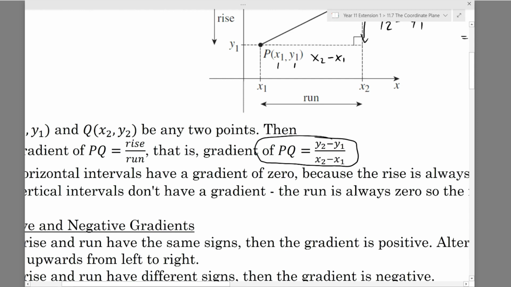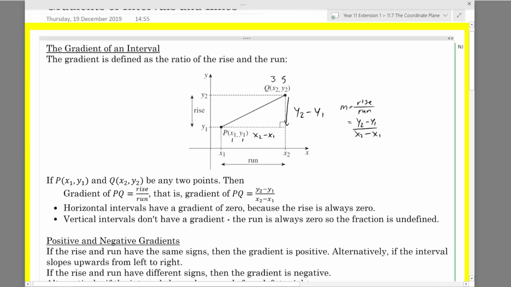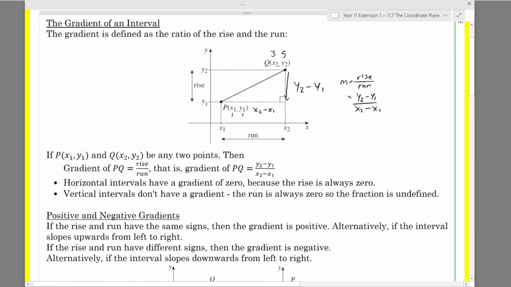So whenever you're asked to find a gradient, we're literally just using that formula. I'll leave this stuff written on here, but that's it in a nutshell. The only other bits of important information are that horizontal intervals have a gradient of 0, because the rise is always equal to 0, so if it's flat, 0 over anything is equal to 0.